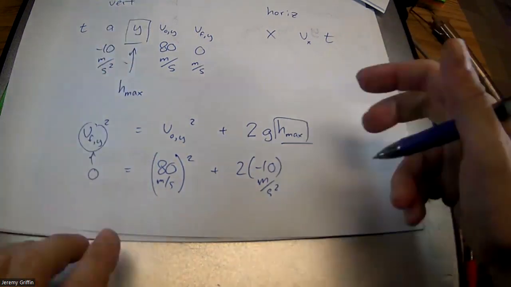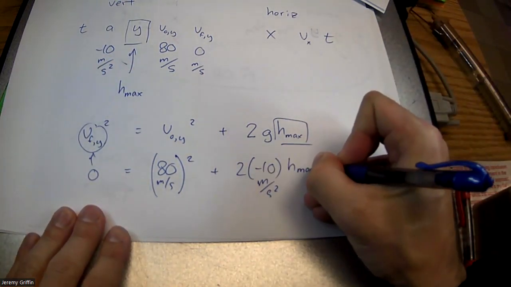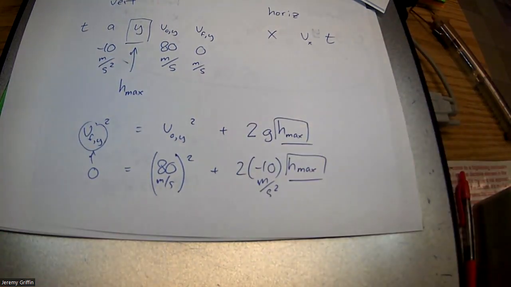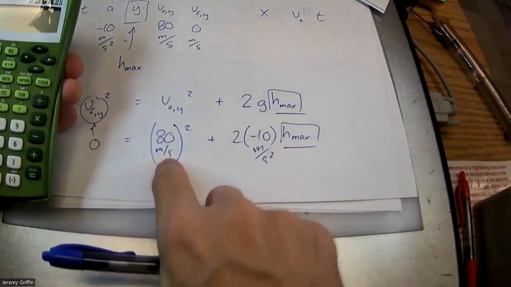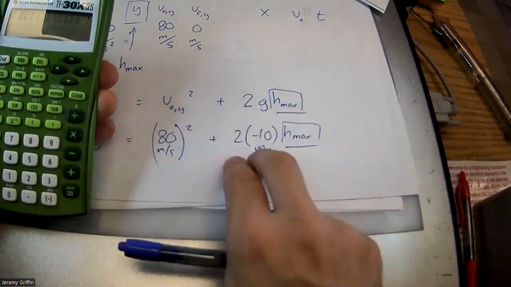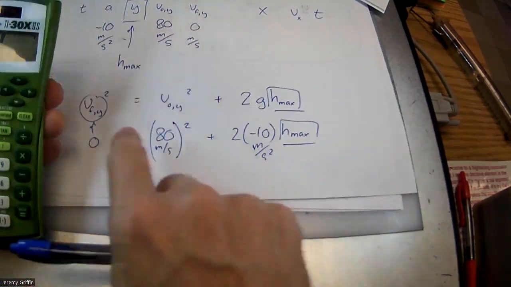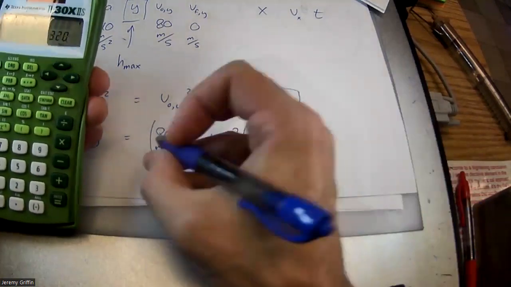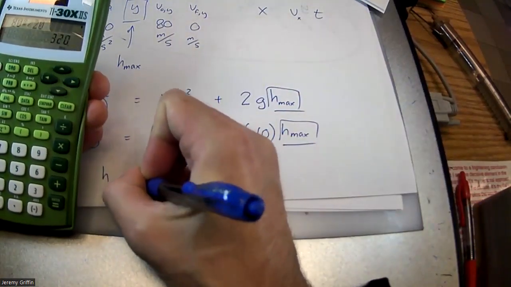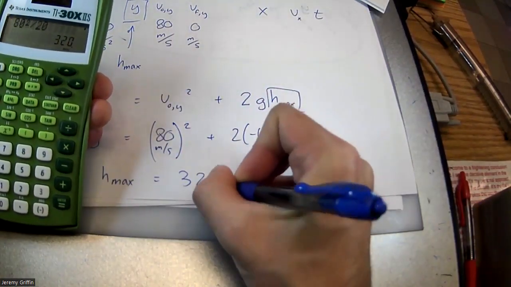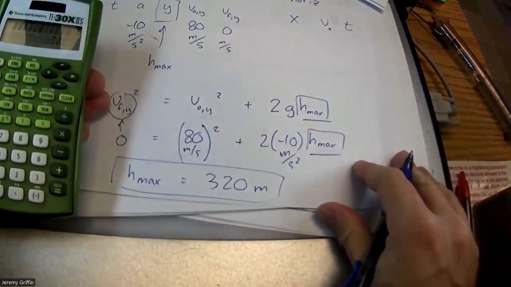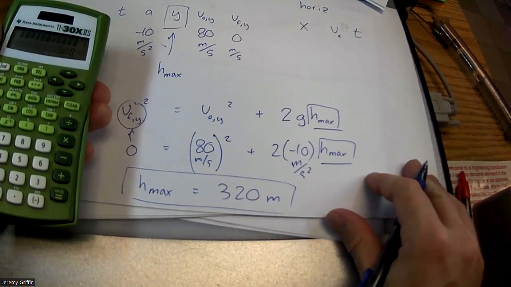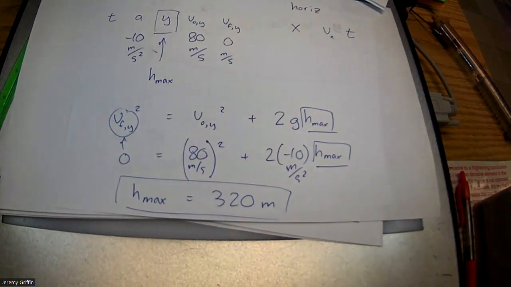Gravity's pulling down because it's blasting up. I'm gonna cut through some algebra steps to save myself some time and paper. 80 squared divided by 20, right, because subtract, divide by a negative number, the negatives cancel. I'm getting H max equals 320 meters. So that's how far up the cannonball goes. Is that okay? 320 meters. You guys good so far?